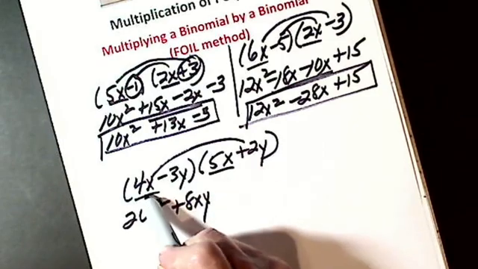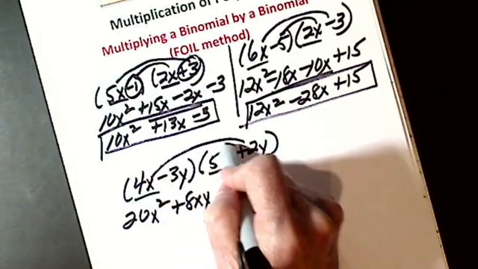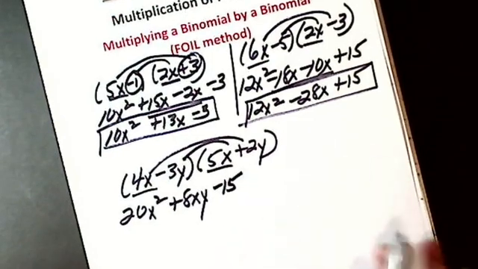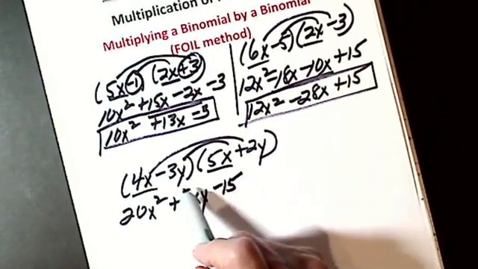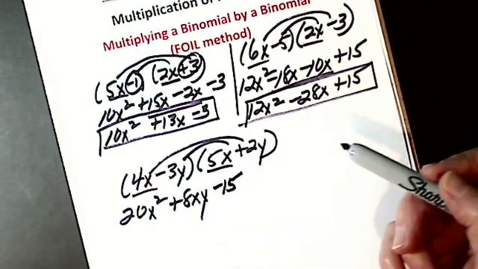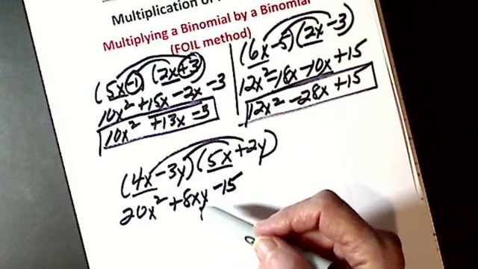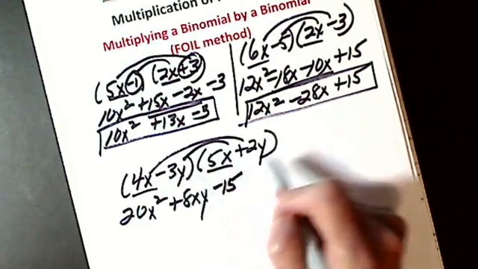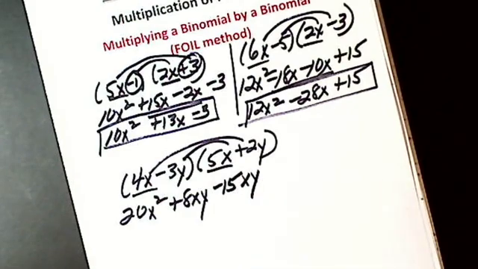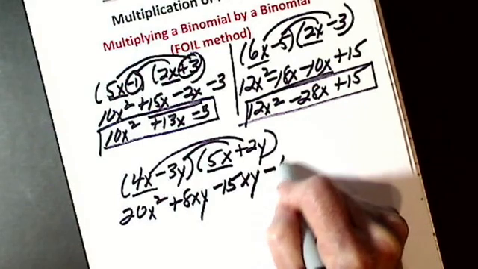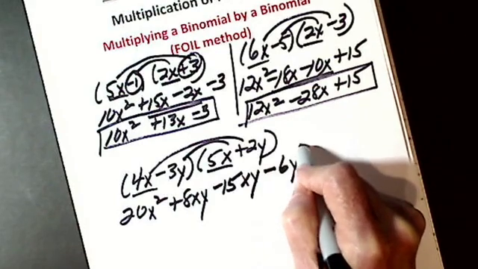Remember, don't forget it's x times y. My inners, minus 15. Now this is the first time you're doing these. You might think that I would write yx. But because of standard form and commutative property, xy is the same as yx. So I'm going to make this xy. My last, I get negative 6y squared.